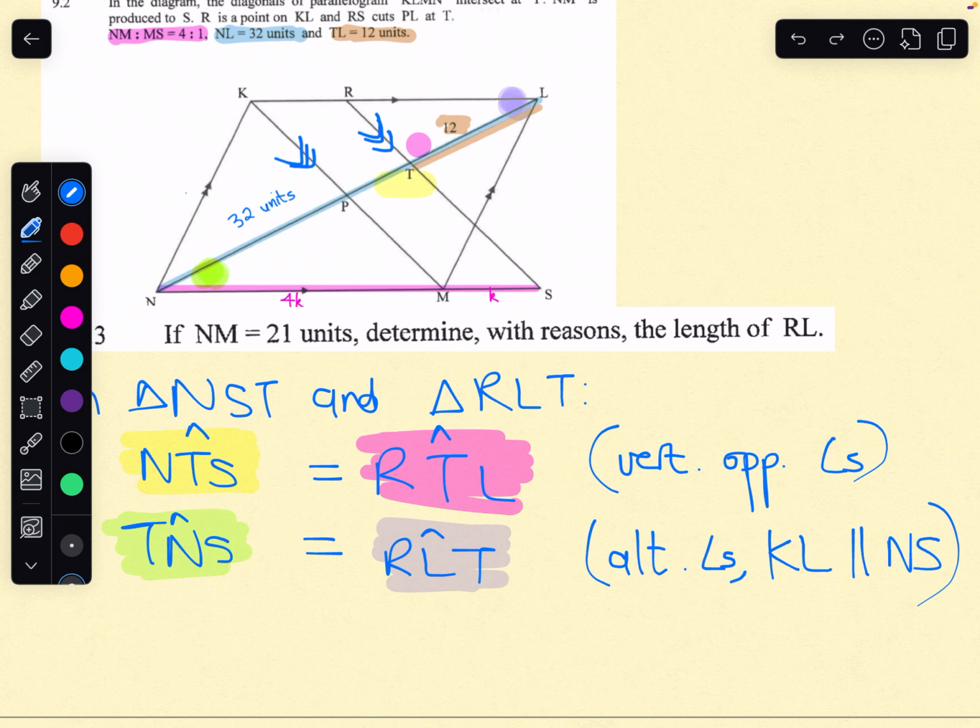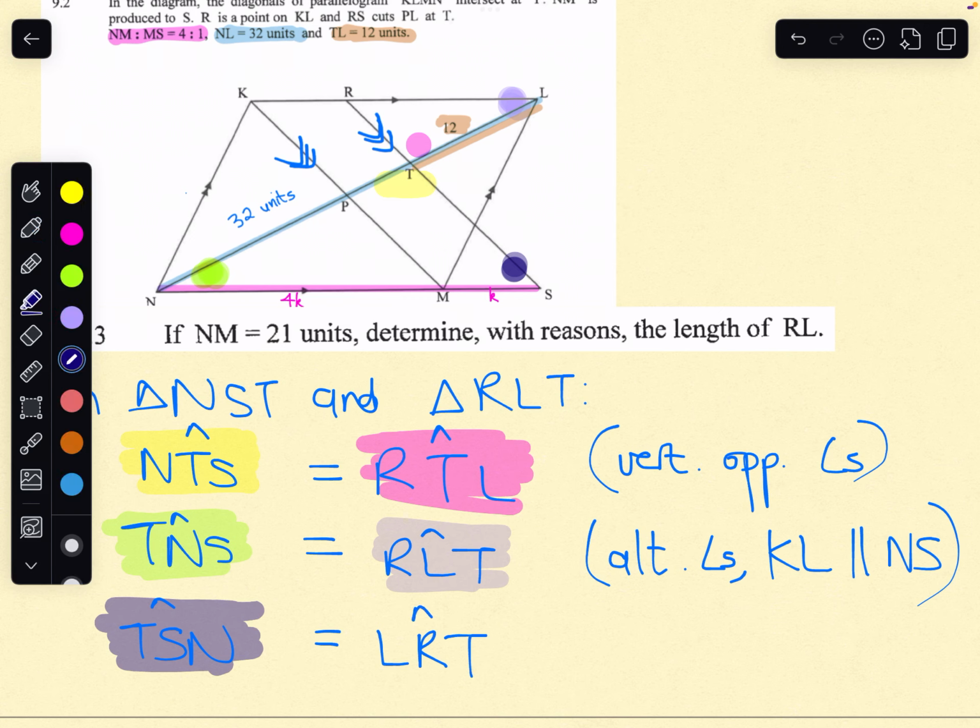And then the last angle is angle TSN, which is that guy, is equal to angle LRT, which is that guy.